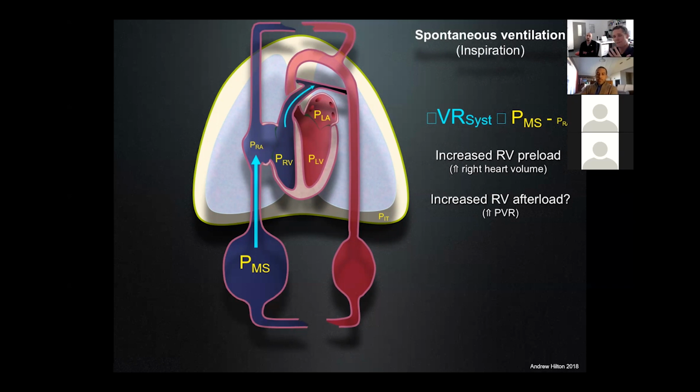With inspiration, depending on what your underlying physiology is, it will do different things to your pulmonary afterload. For example, if you can improve oxygenation or you open up airways, that can reduce pulmonary vascular resistance. If you're overexpanding, from something like increased inspiratory effort against a closed glottis or COPD with massive inspiratory efforts, it's going to do different things.